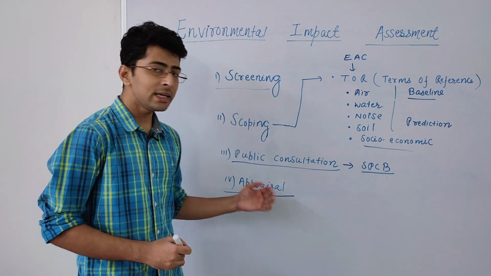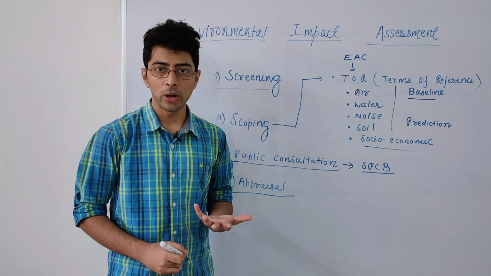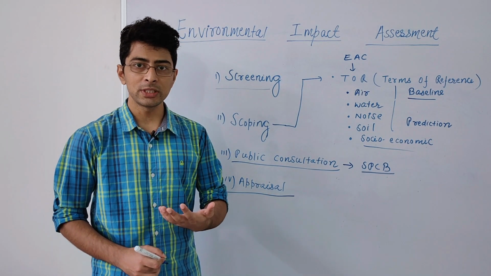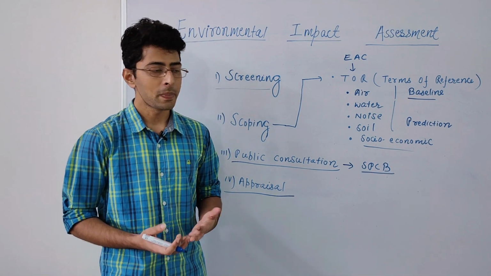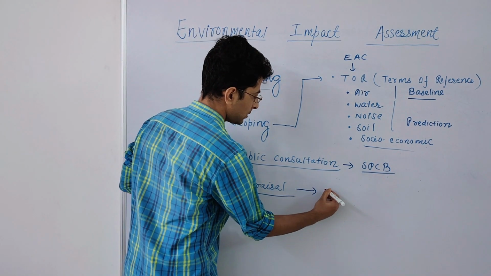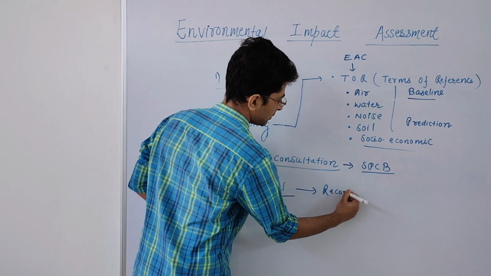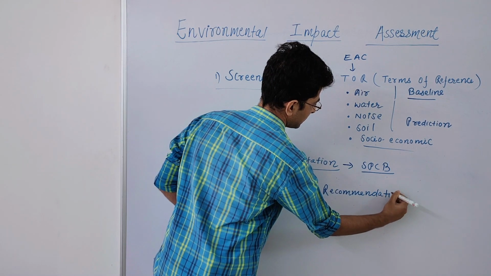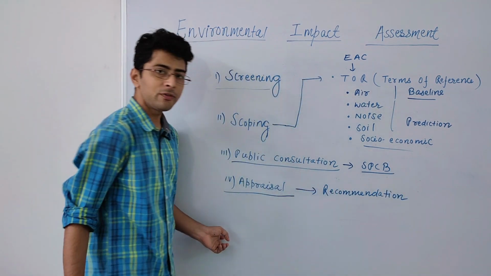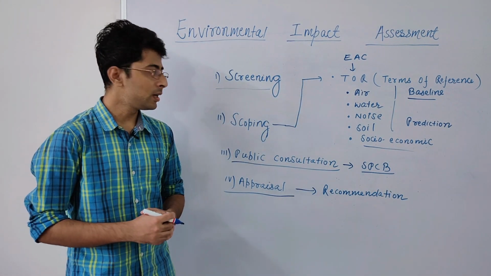So EAC is the final decisive authority for any project, and they take their decision on the basis of the findings of EIA. The recommendation of EAC is final on any project.